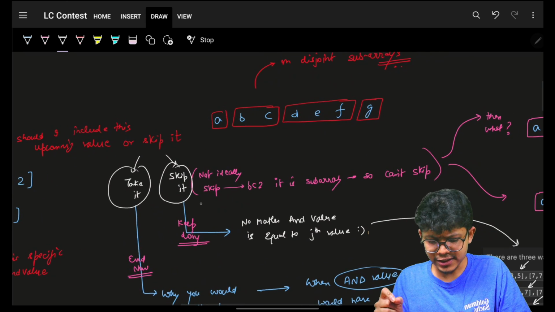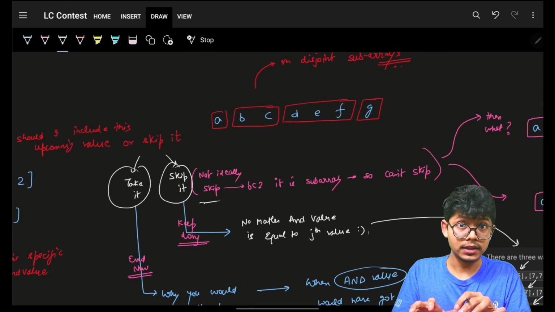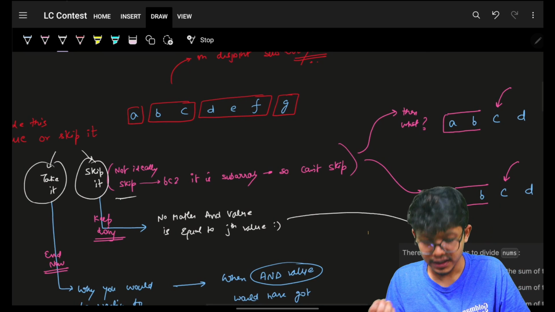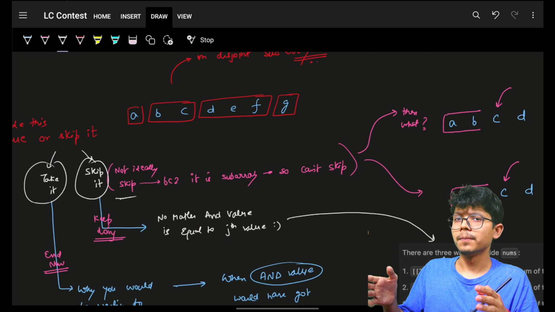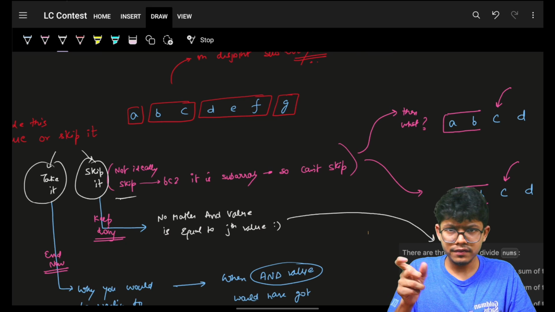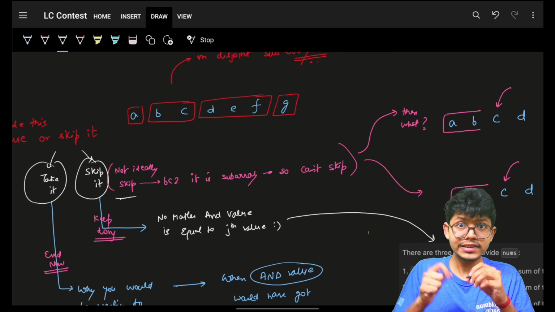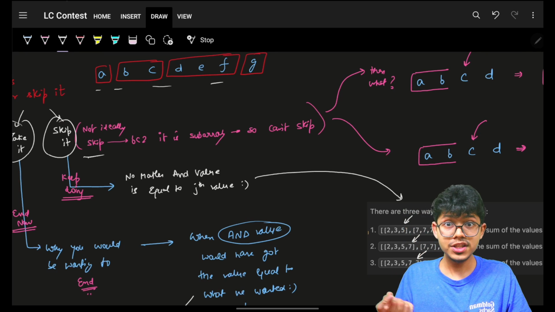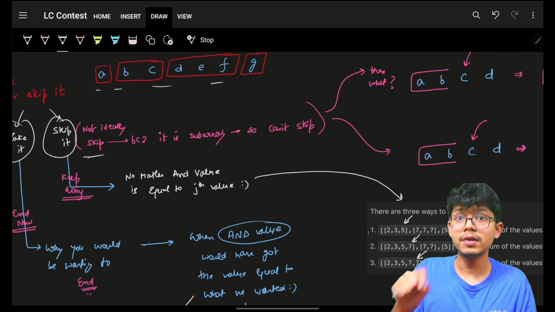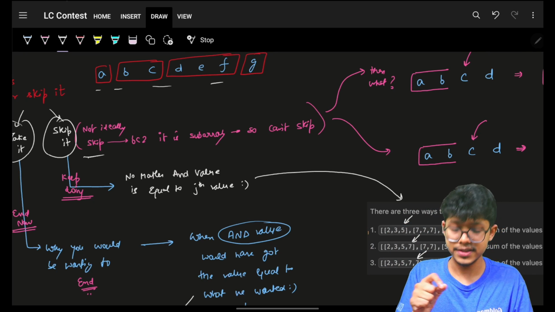But ideally, it is not specifically saying not take, because I cannot skip some element in take, not take, as we are relating with the existing problem. We cannot skip some element. Why can't we skip? Because it is a subarray, which says we have to take an element for sure, and it should be a continuous subarray.